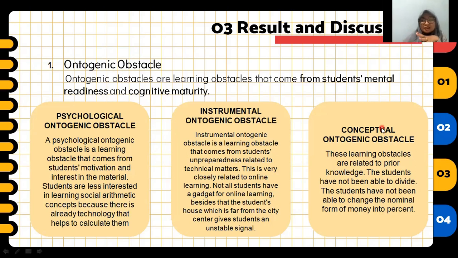And the last type of ontogenic obstacle is conceptual ontogenic obstacle. What is it? These learning obstacles are related to prior knowledge. The students have not been able to divide. The students have not been able to change the nominal form of money into percent.